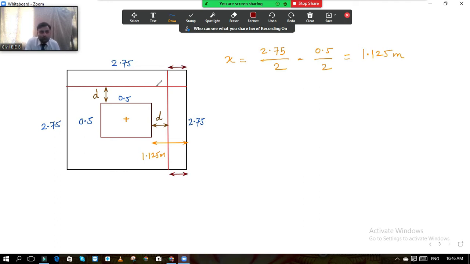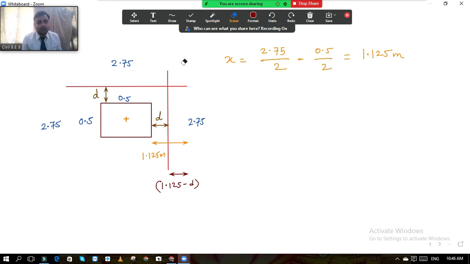So what will be this? If this total is 1.125 and this is d, then this will be very easy. 1.125 minus d. Am I right? So if from this face to this edge the distance is 1.125, I want only this much of distance. So from this total distance, if I subtract this one, then I will get this remaining, and this distance is 1.125 minus d.